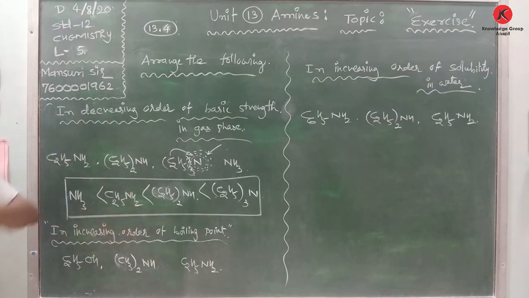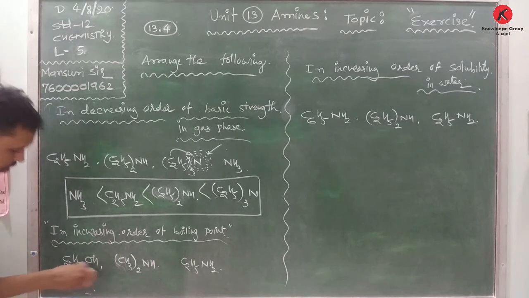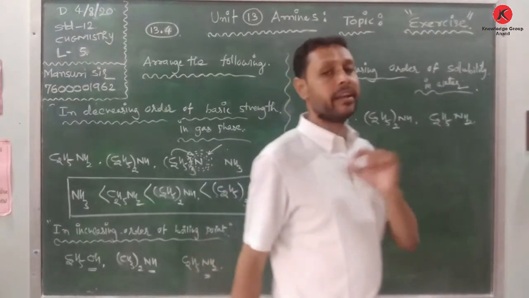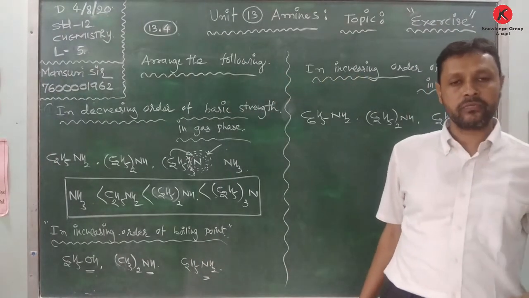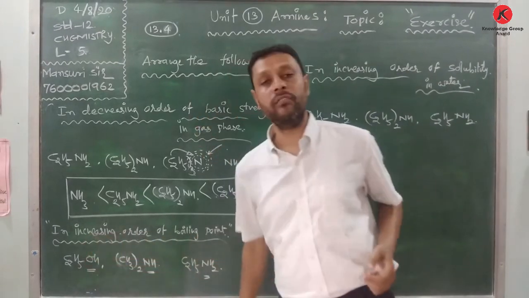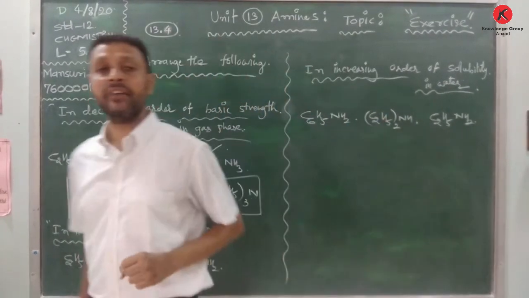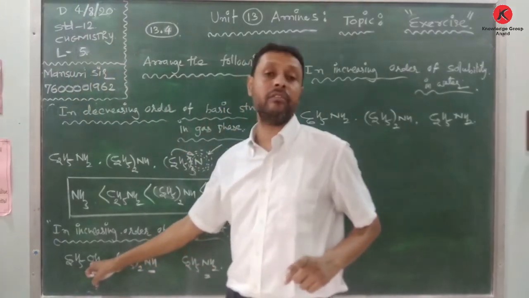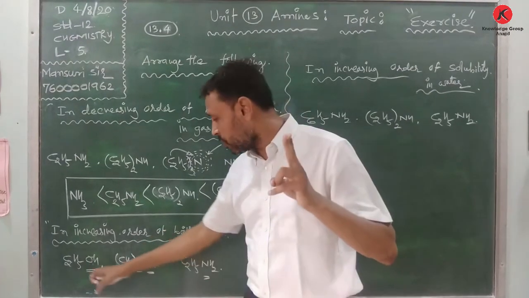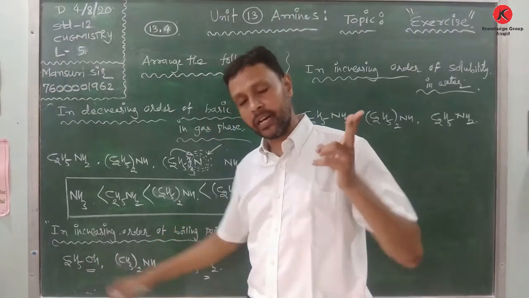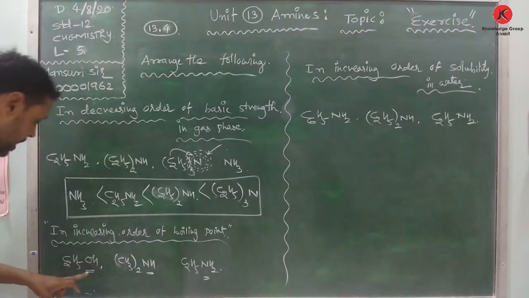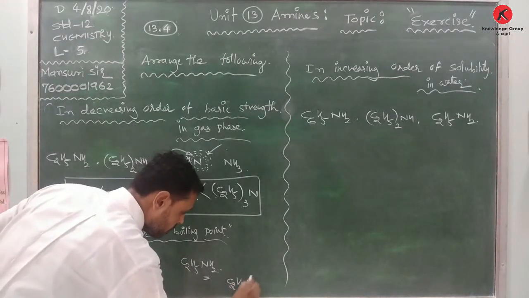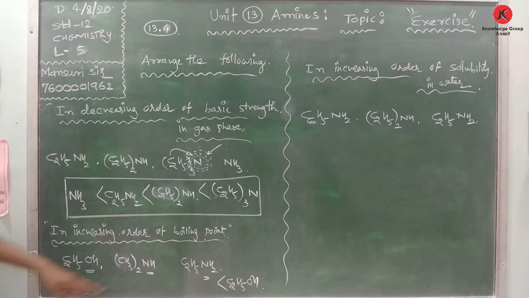In increasing order of boiling point, as you know very well, alcohols and amines, where H bonding is very strong. Of course alcohol. Why? Because oxygen has more electronegativity, that is why the OH bond will be very polar. So the most polar bond will be here, and thereafter amines. So ethanol has a high boiling point.